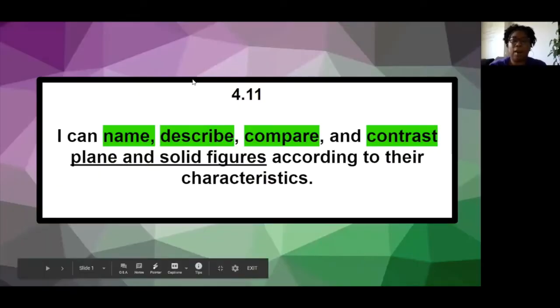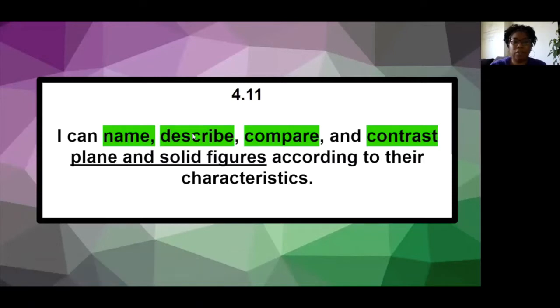Okay, our I can statement for today is I can name, describe, compare, and contrast plane and solid figures or shapes according to their characteristics. Okay, just as in yesterday's goal, by the time this lesson is over, you will be able to name, describe, compare, and contrast plane and solid figures or shapes according to their characteristics.